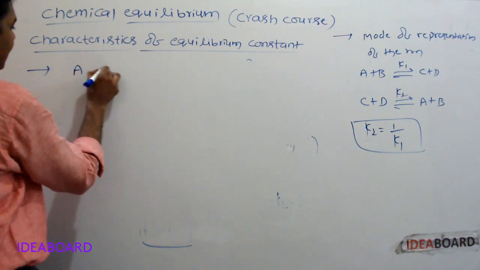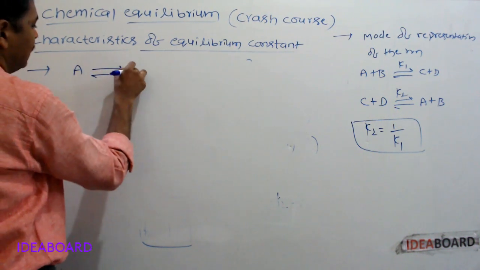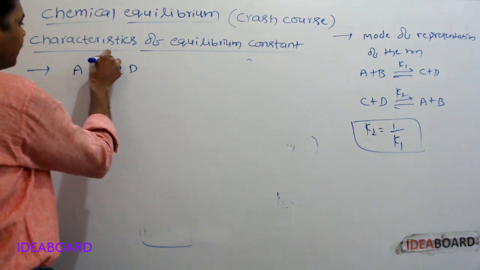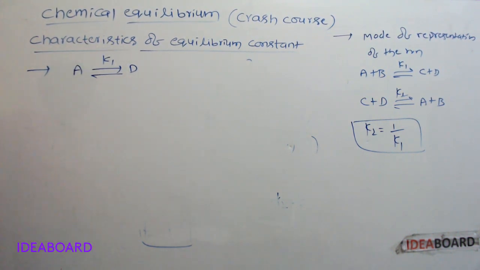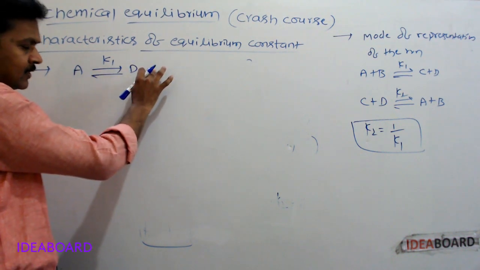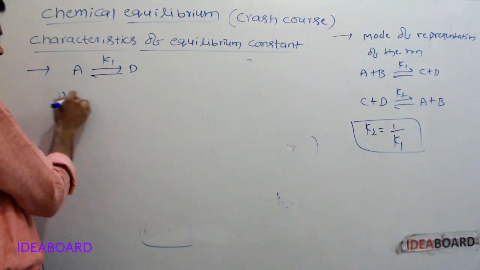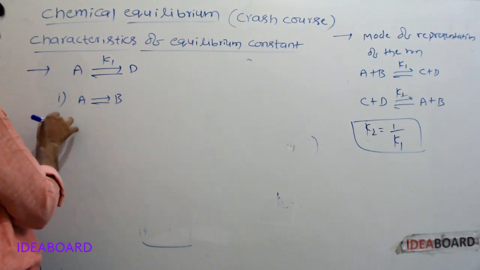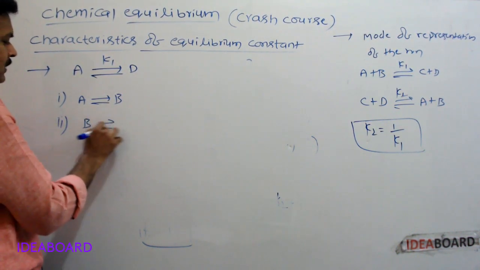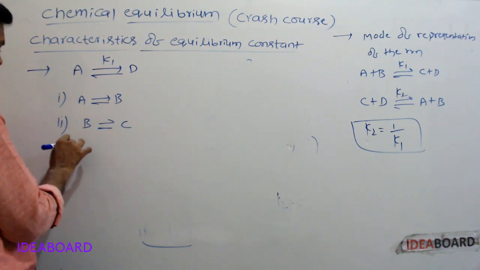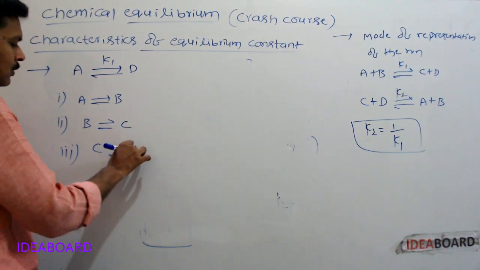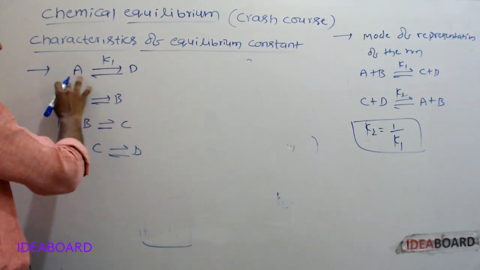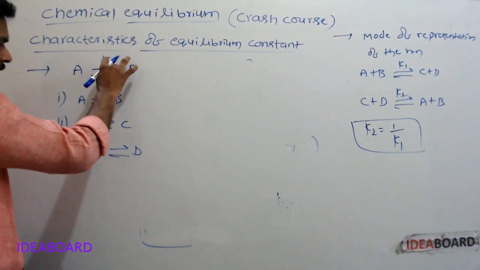For example, I am taking this general reaction, A gives rise to D. For this reaction, the equilibrium constant is K1. If the same reaction takes place in different steps, A to B, B to C, and C to D. Here it takes place in a single step, A to D, for this reversible reaction, the equilibrium constant is K1.